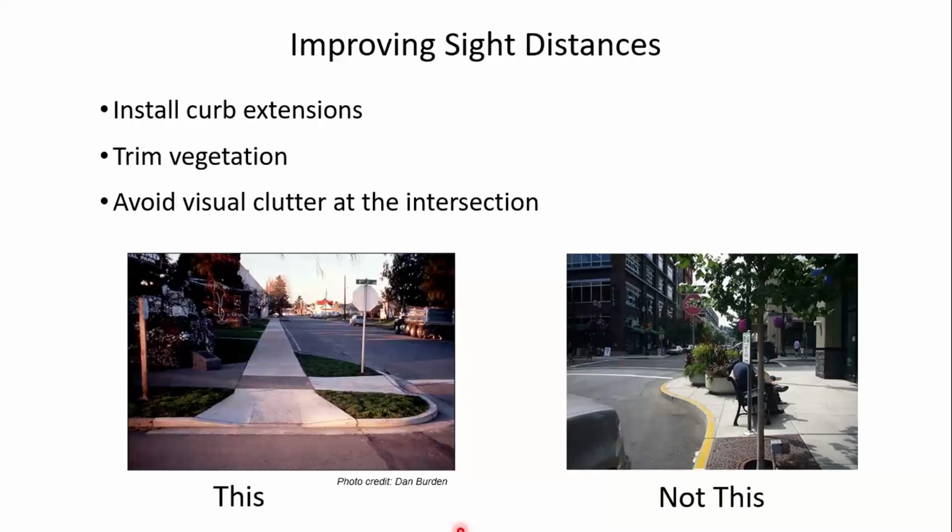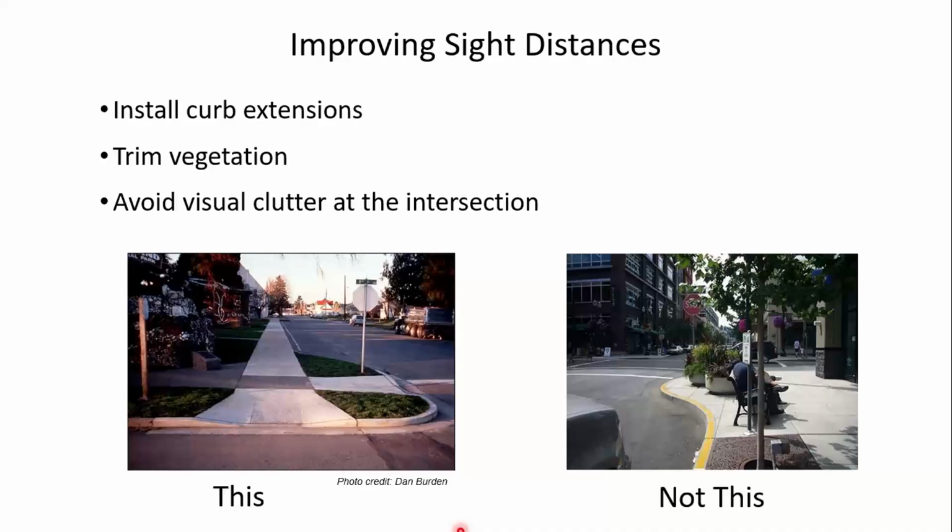Another thing that's important, I mentioned this yesterday, is improving sight distances. Sight distance to me is critical to safety, both for vehicles and for non-motorized users. So we can do things like install curb extensions, like you see here.